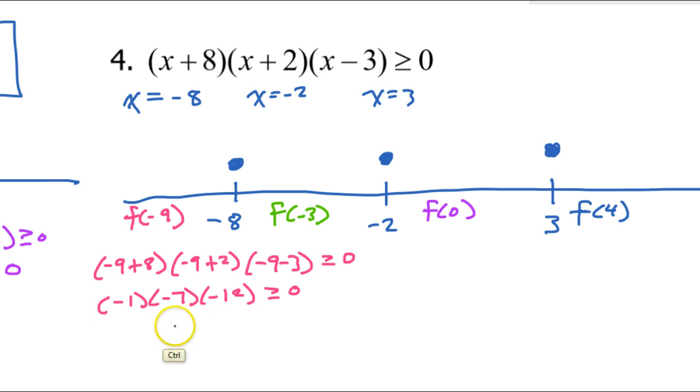So that's going to give us a negative number. So that is not going to be greater than or equal to 0. That's going to be a no. So we will have no solutions in the first zone.